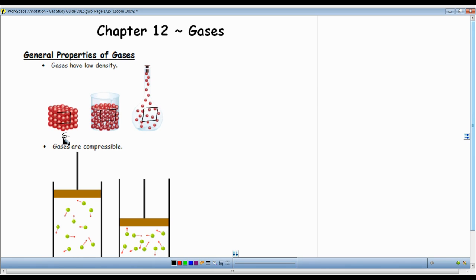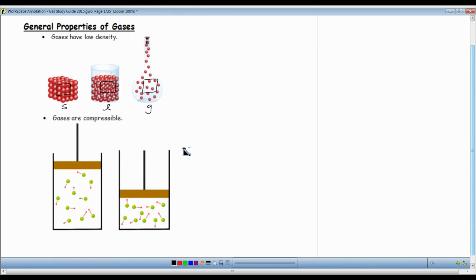And obviously this is a solid, liquid, and gas. I can tell that there are fewer particles in that same volume of a gas versus a liquid or a solid. Fewer particles, less mass. Gases are low density.